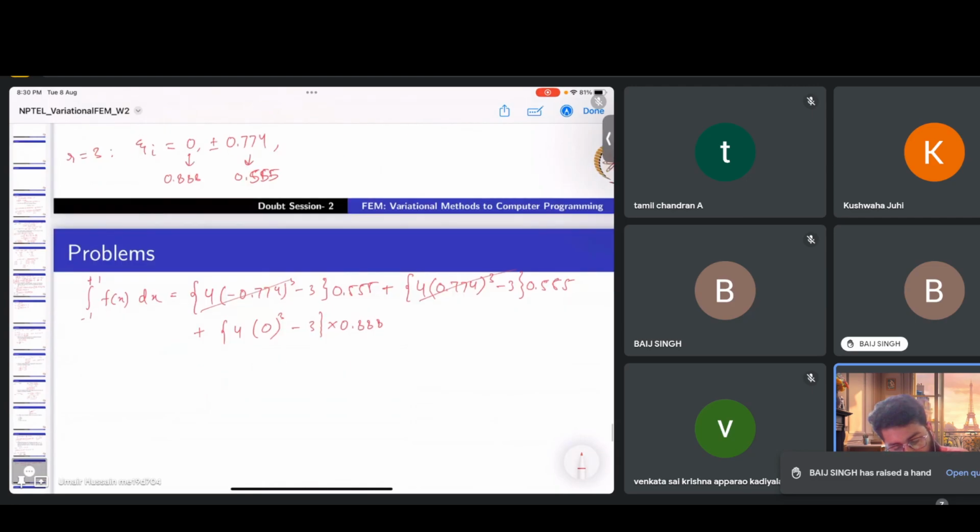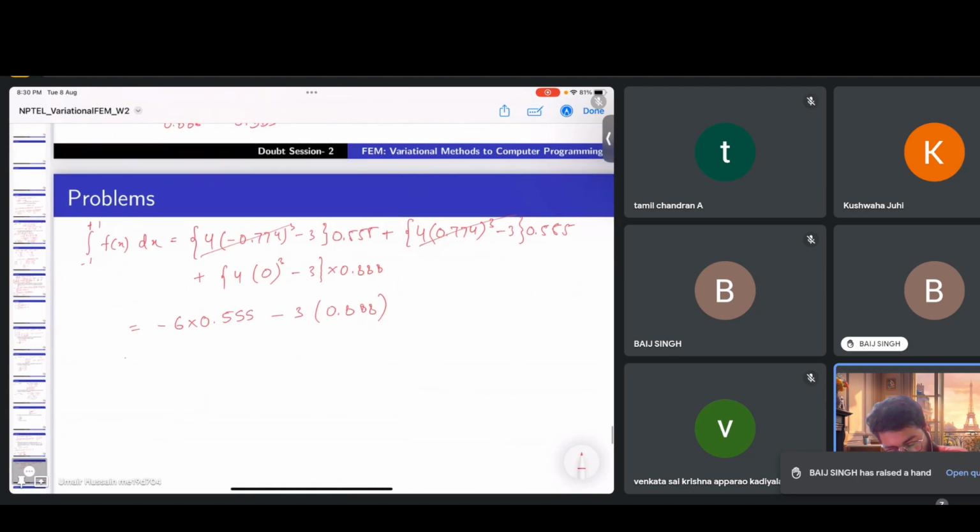We'll have minus 6 times 0.555 and minus 3 times 0.888. 1.11, I guess, plus 0.